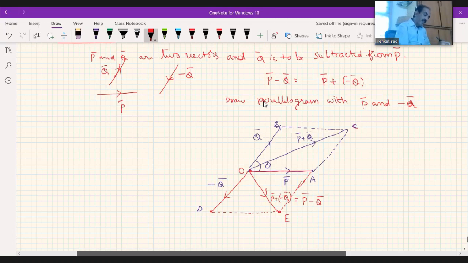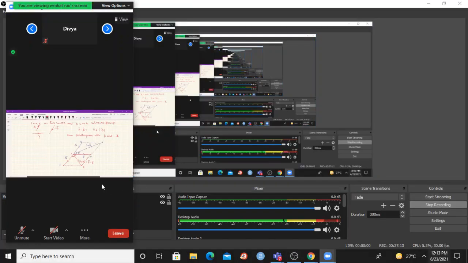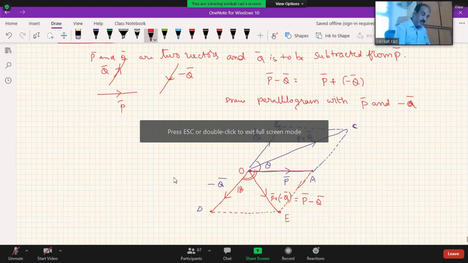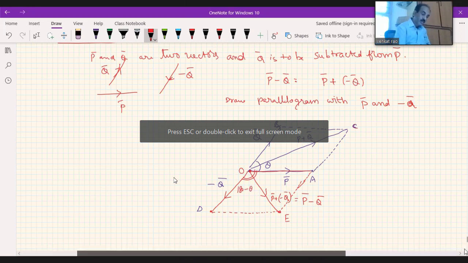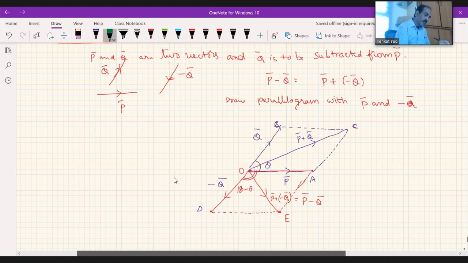So, what is the angle between these two vectors? This is important. What is this angle? 180 minus theta. This angle is alpha with P bar. And magnitude of Q is mod Q bar is Q. Mod minus Q bar is also Q.